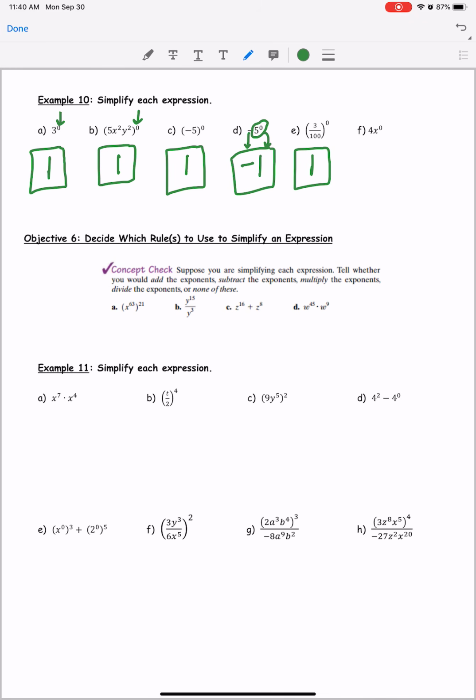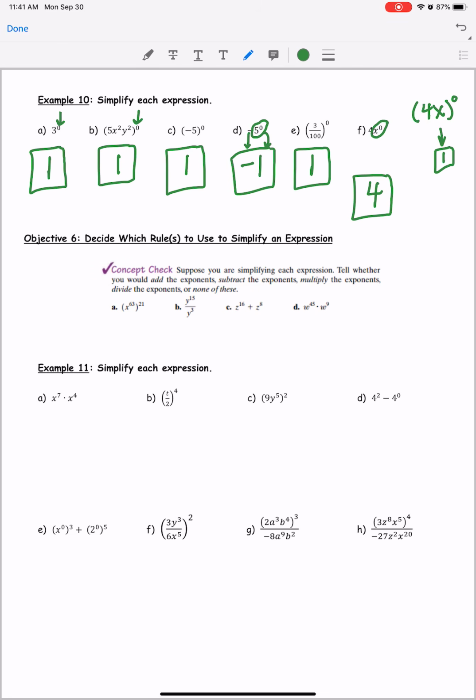F is 4. Okay, why? What is to the 0 power? It is not 4x. It is only x. To make that 0 also go to that 4, it would have to be in parentheses, 4x to the 0 power. This does equal 1.